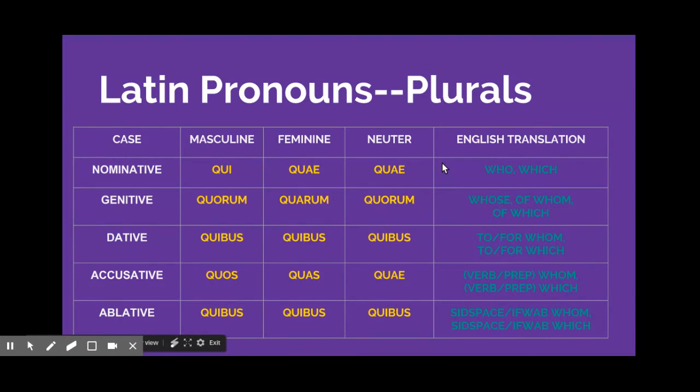Paying a little attention here to the English translations, I want you to notice that in all but nominative case, we usually see this word whom. In other words, whom will never be the subject of a sentence.